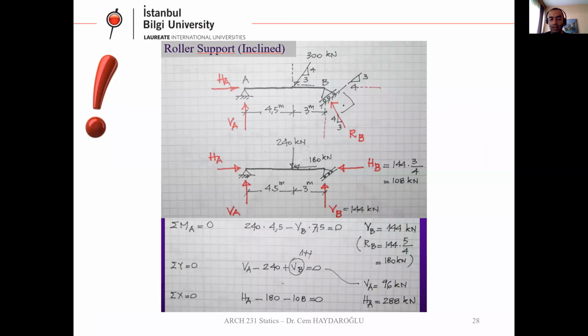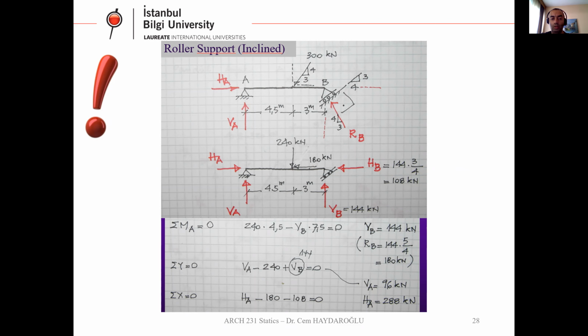And today, our last question is this. It's about roller support. Actually, it's about the inclined roller support. We have, as you can see, a simple beam, but on the right-hand side, the roller support is inclined.